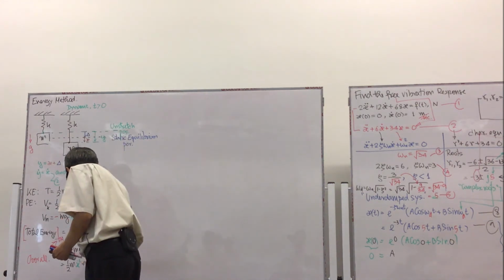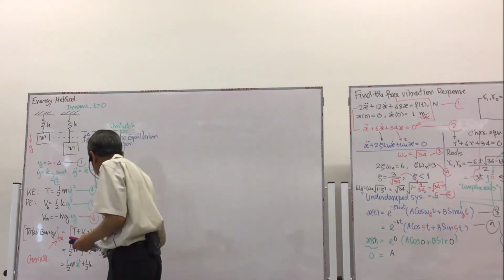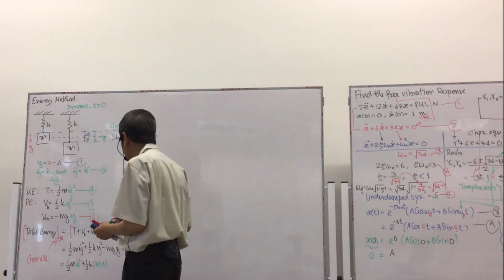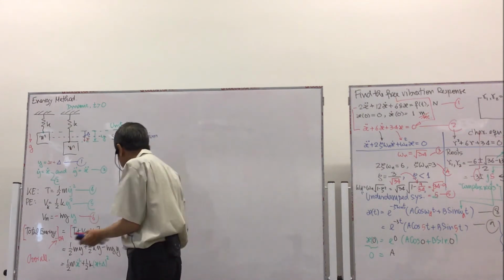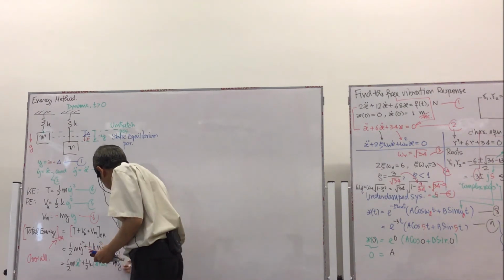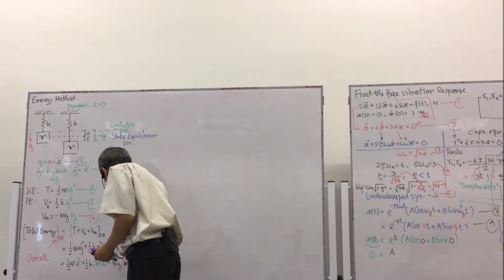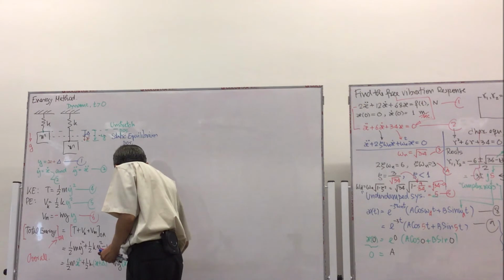Next, 1/2 k, y is x plus delta, squared, and then minus m g y. Y is the same, x plus delta. Okay, I'll call this equation 7.